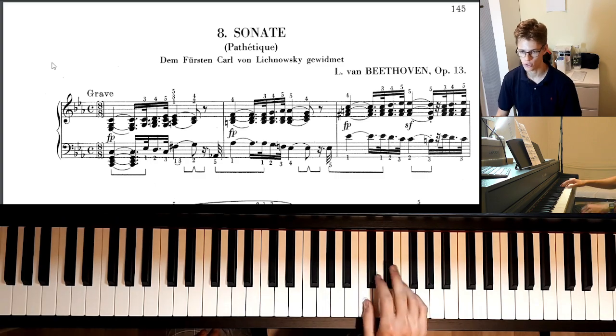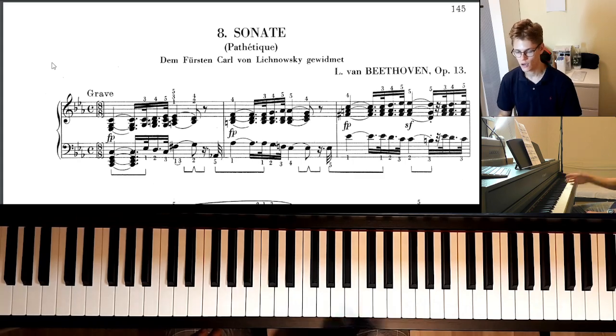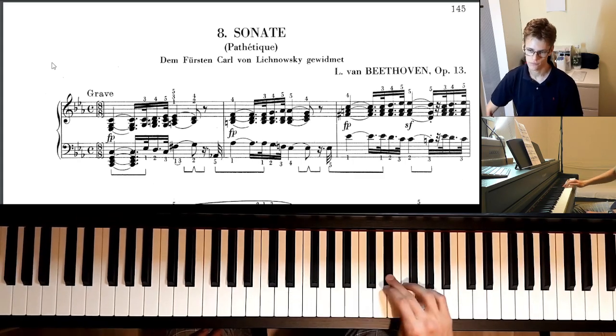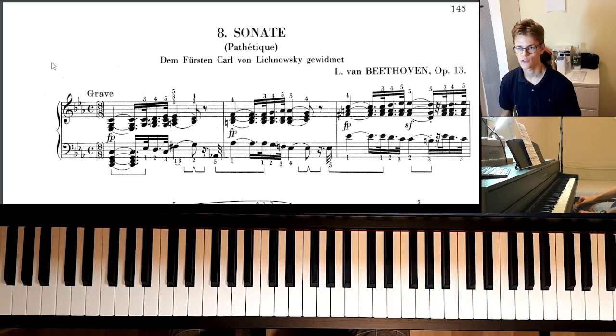So if you're going like staccato, very spiky, or legato, without jumps.